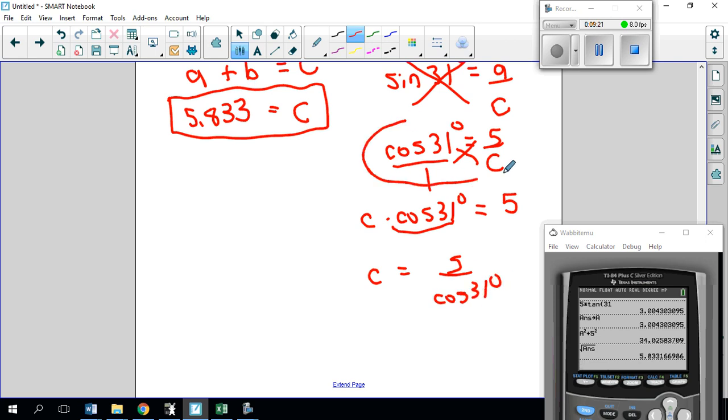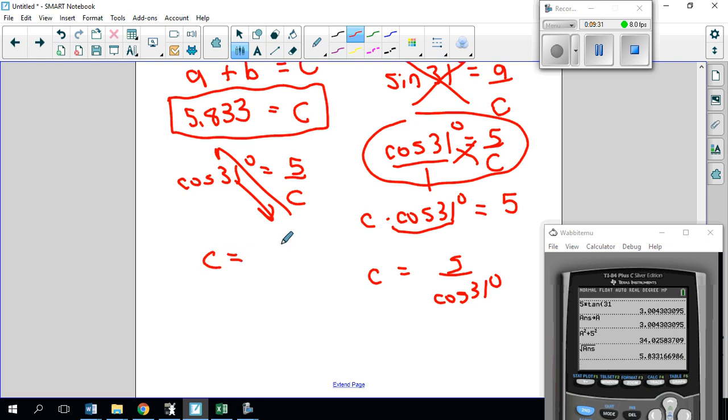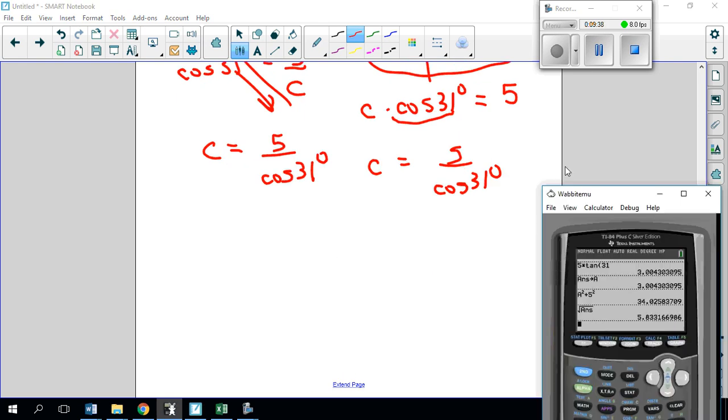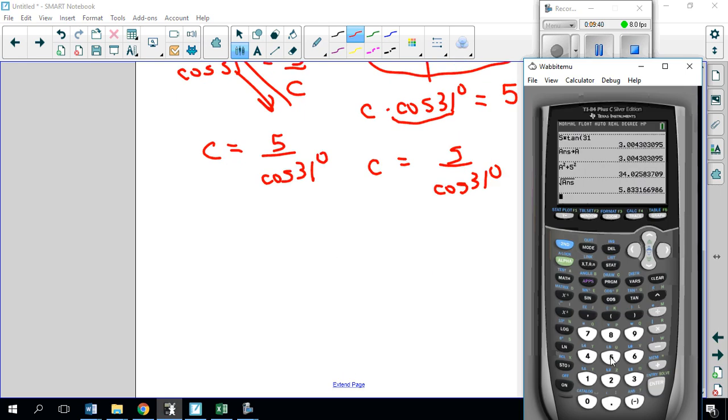But traditionally, when you're here, you go cosine 31 equals 5 over C. You put the C up there, the cosine 31 down there, and you get C equals 5 over cosine 31. And then we get 5 divided by cosine 31, and you see that it's exactly what I had before, 5.833.